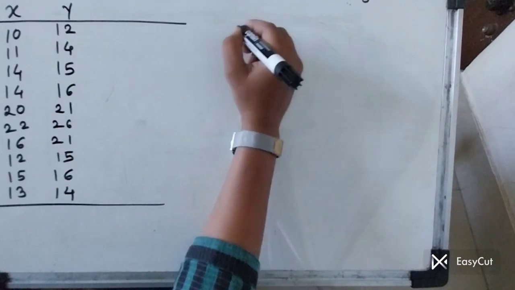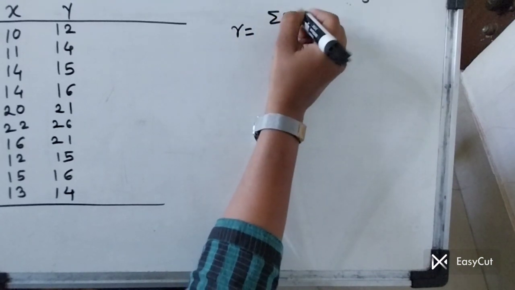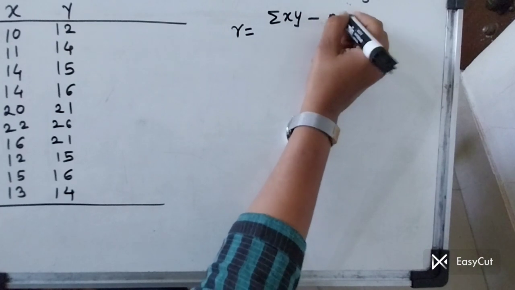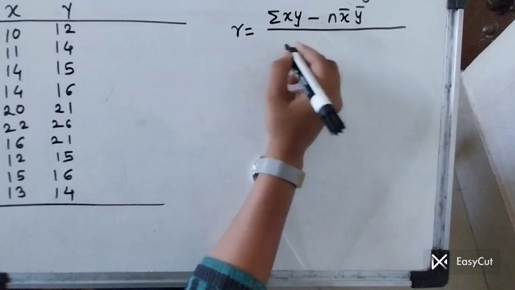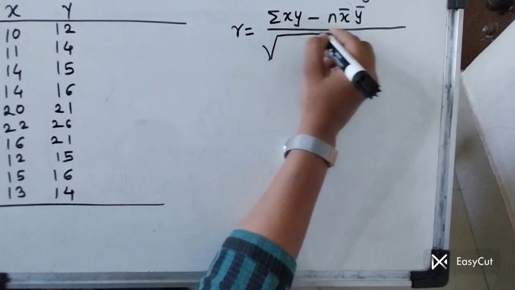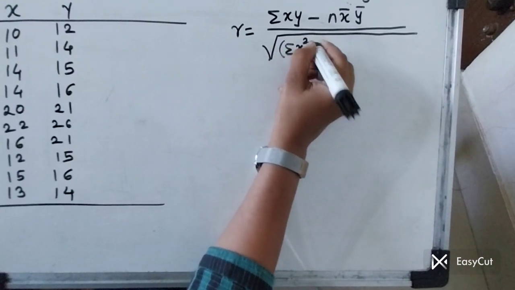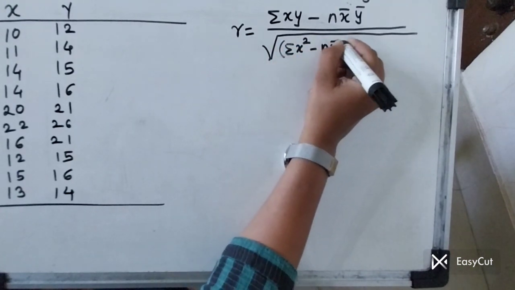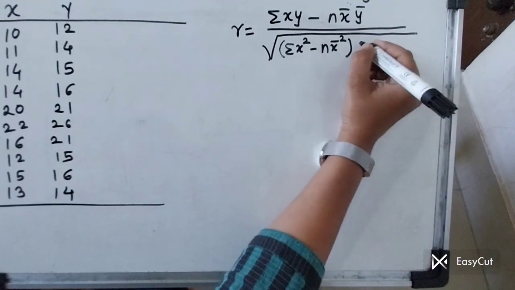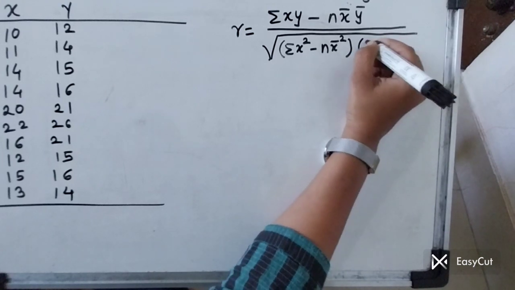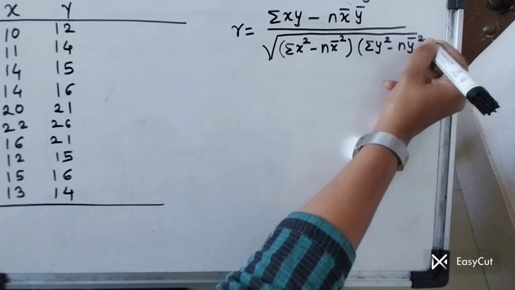Coefficient of correlation r equals summation xy minus n x bar y bar, whole divided by under root, bracket summation x square minus n x bar square, bracket complete, into bracket summation y square minus n y bar square, bracket complete.